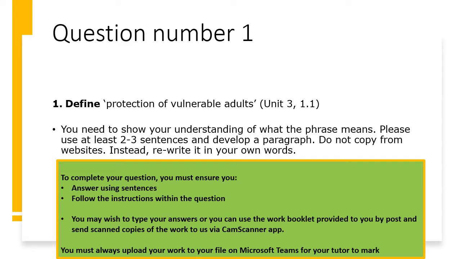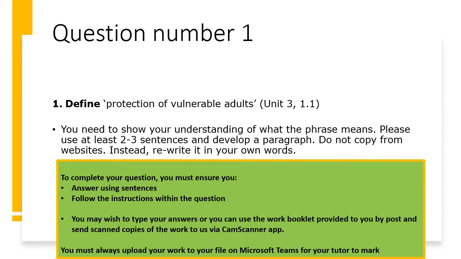So the first question, question number 1, is asking you to define protection of vulnerable adults. So you need to show your understanding of what the phrase means. Use at least 2 to 3 sentences and develop a small paragraph. Don't copy from the websites.